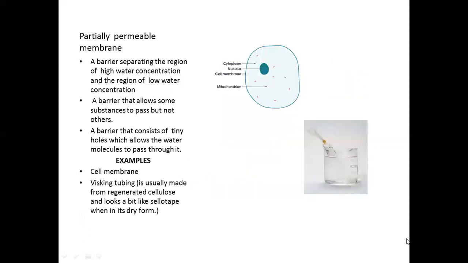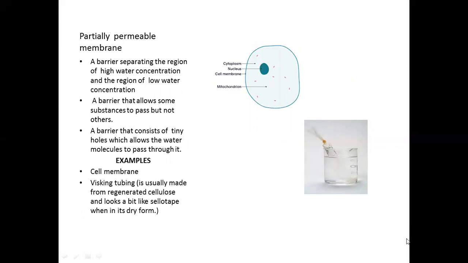In order to discuss the second difference, first we need to see what a partially permeable membrane is. It is basically a barrier which separates two regions, and this barrier allows some atoms and molecules to pass and some not, because it has tiny holes in it.